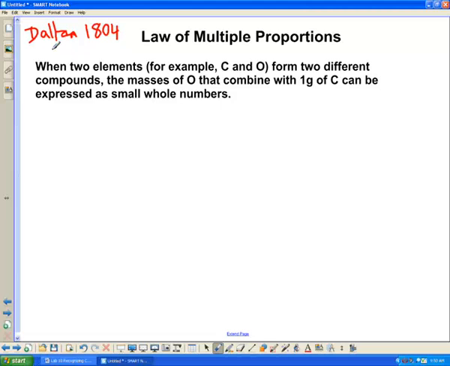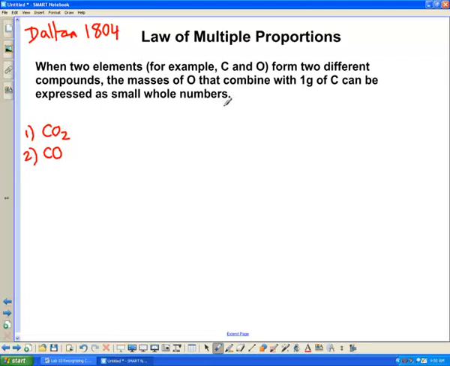assuming those 2 elements do form 2 different compounds, and I think everybody knows that CO2 is one compound of carbon and oxygen, carbon dioxide. Carbon monoxide is another one. They're both made of carbon and oxygen. So when 2 elements form 2 different compounds like these 2, the masses of, for example, oxygen that combine with 1 gram of carbon can be expressed as small whole numbers.